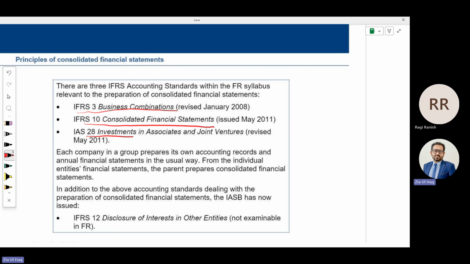IAS 28, investment in associates and joint ventures. We will study this later on, probably in chapter 20, not before that. What is a subsidiary? Investment greater than 50%. What is an associate?